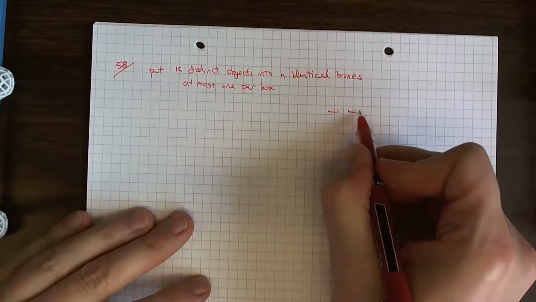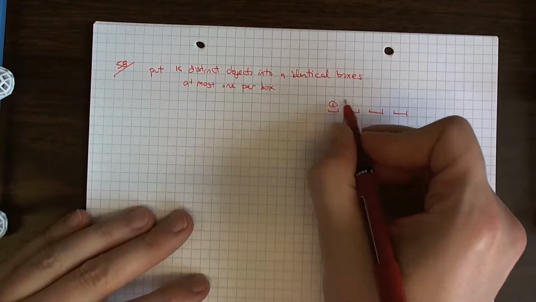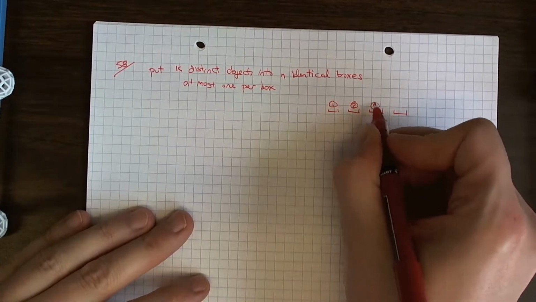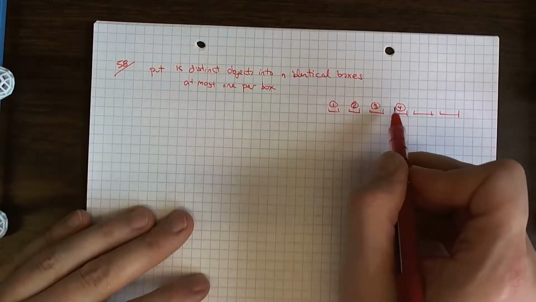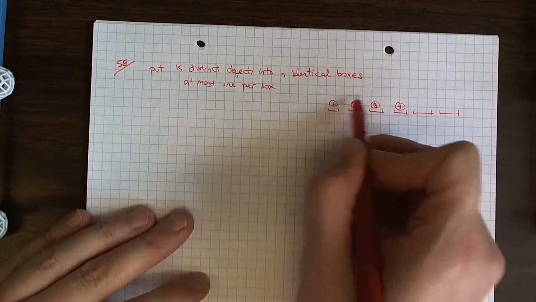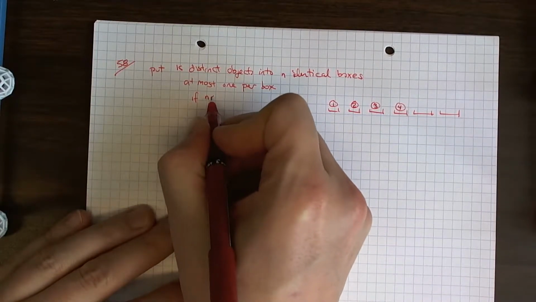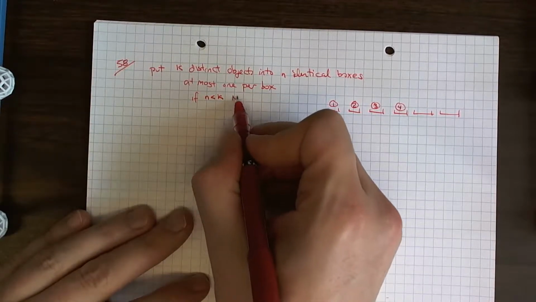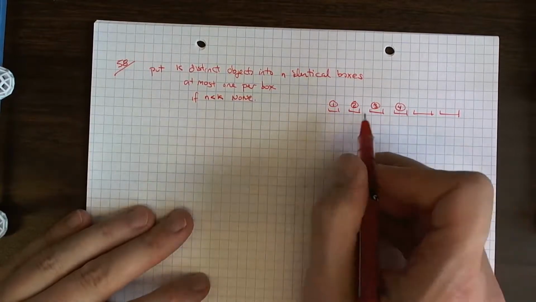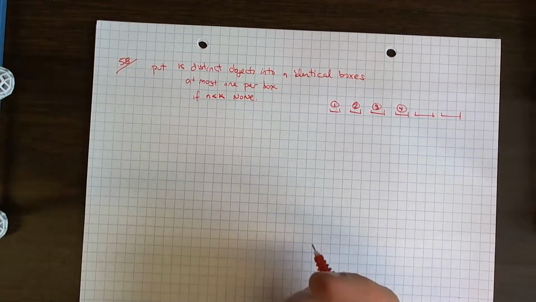Well, the boxes all look the same. And if we're putting one thing in every box, well, we better have fewer of the balls than bins. So if n is less than k, then none. We can't do that. We can't fit more balls in the bins than there are bins.